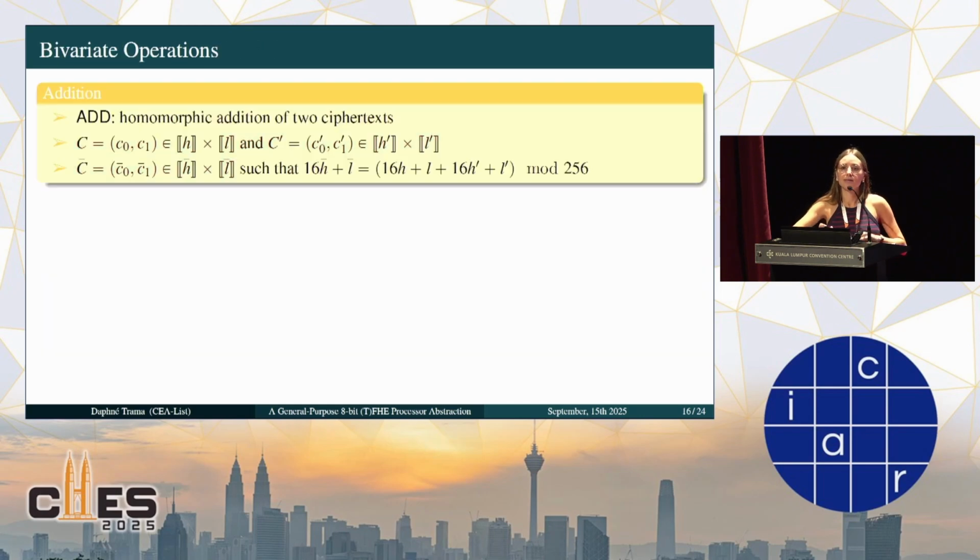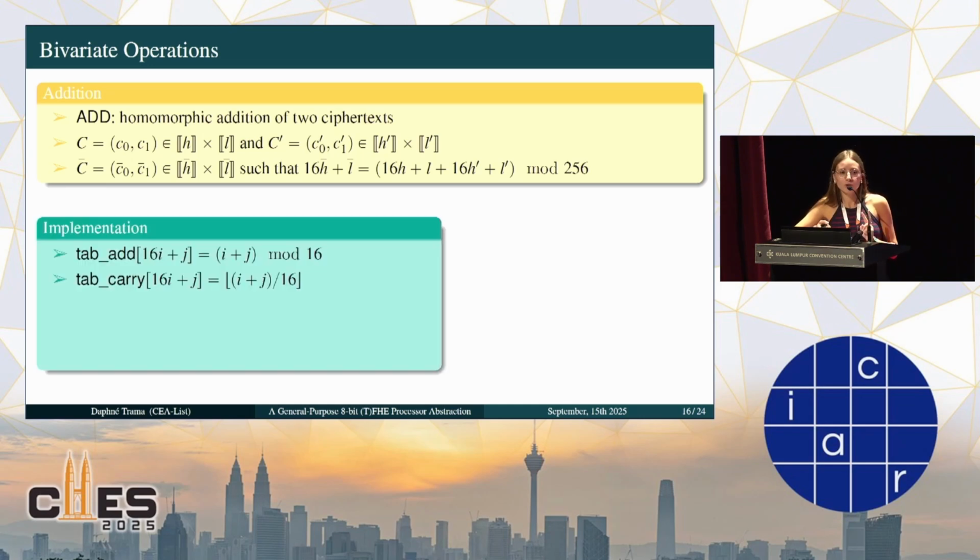Okay, let's do something a bit more challenging, like the addition. So this time we would like to homomorphically perform the addition of C and C prime. That is to say, obtain an encryption of 16H plus L plus 16H prime plus L prime. So, as usual, the first thing to do is to create a table. And this time we need 2 tables.